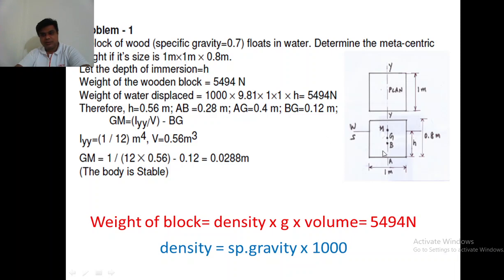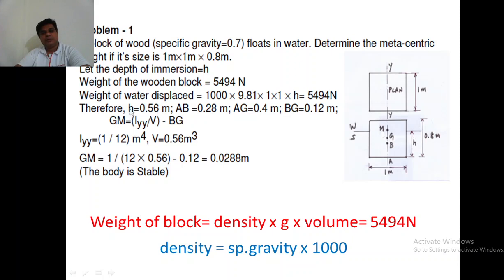Then what about AG? AG is the center of gravity, half of the height of the block, so it is 0.4 meter. AB is known, AG is known, so we can calculate BG. BG is 0.1 meter.